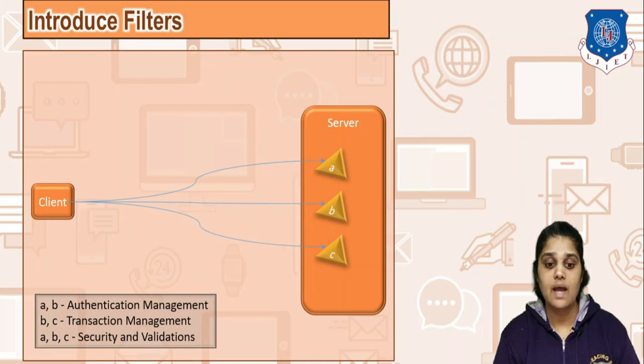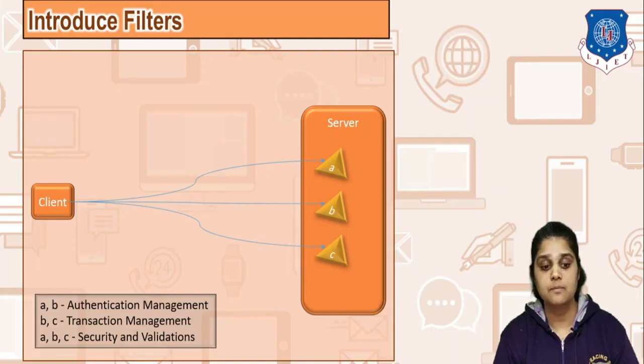And if you want to access A, B and C, all of them, you have to have a security validation over it. So in short, if you want to access any of the servlets, you compulsorily need security and validation of the data that you are sending. And if you want to access A, B or C individually, you need to implement different kinds of filters on them.